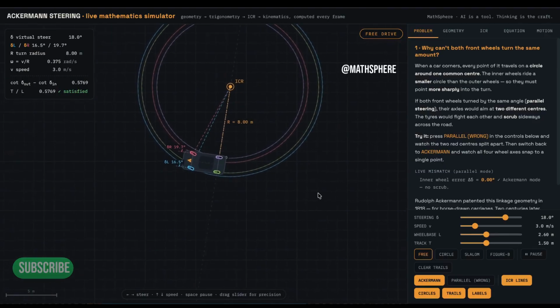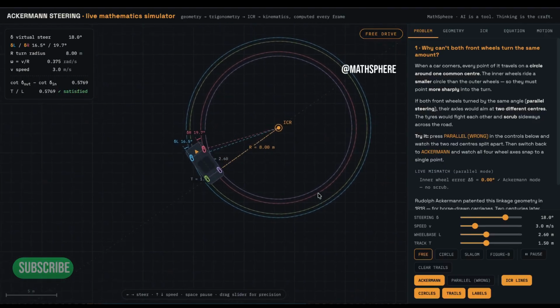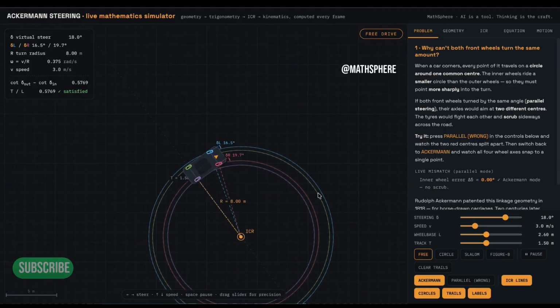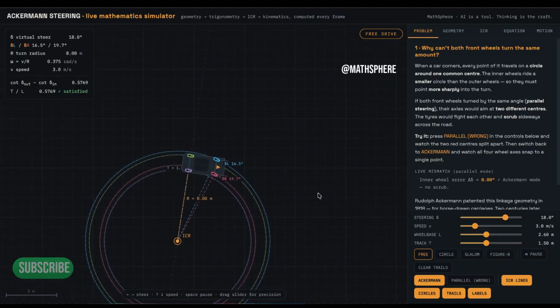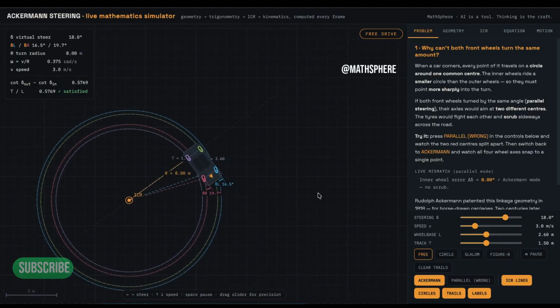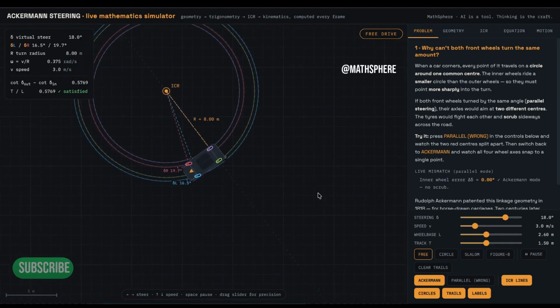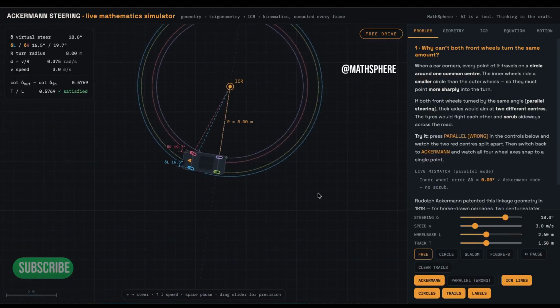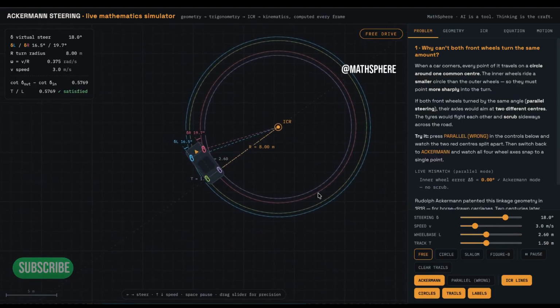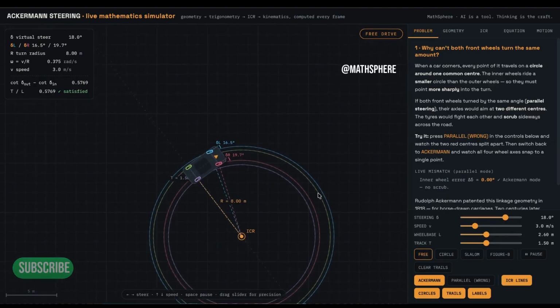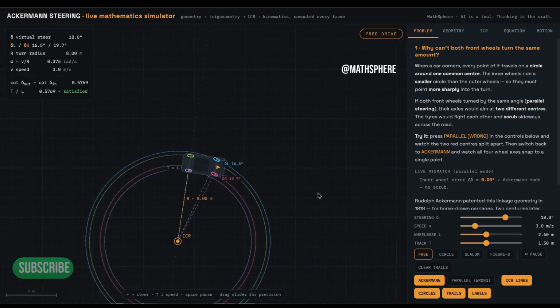Now the front wheels must both aim at the same point, that is the ICR. Each one forms a right triangle with the car's body. If you can see here, both the front wheels are forming a right-angle triangle each with the body of the car.